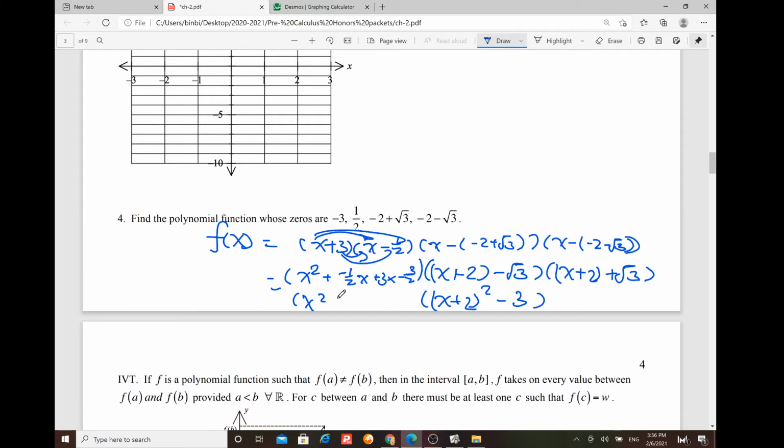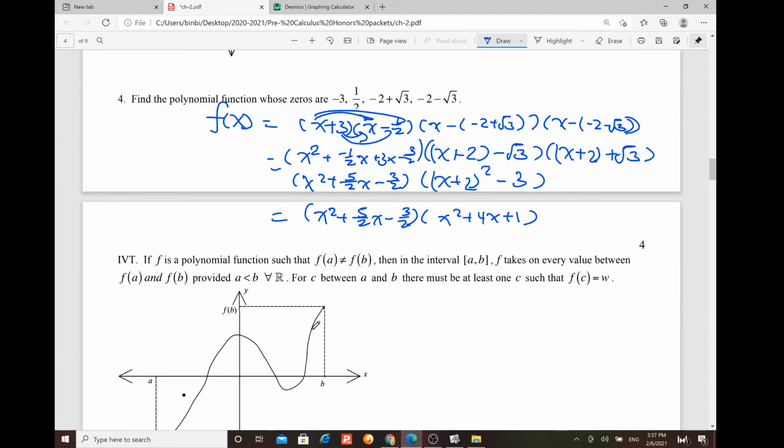So this one turns out to be 5/2 x, and then minus 3/2. And this part right here, expanded, so x squared plus 4x, 2 squared is 4, minus 3, so plus 1. And then the rest of this is the trinomial multiplied by the trinomial. Simply multiply it out, distribute, and combine the like terms again.